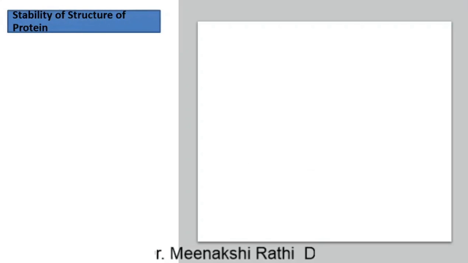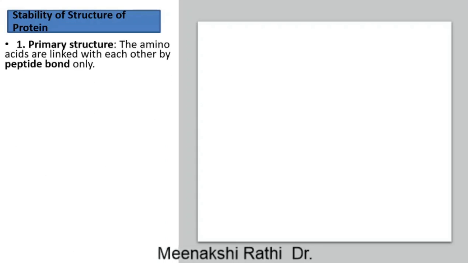Now, let us discuss the stability of the structure of protein. There are 4 structural levels in protein. First is primary structure. In primary structure, the amino acids are linked in a linear sequence by peptide bonds only.